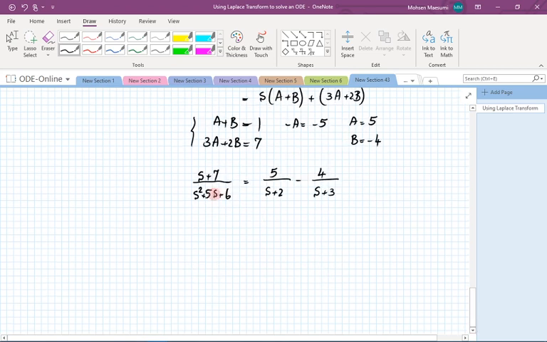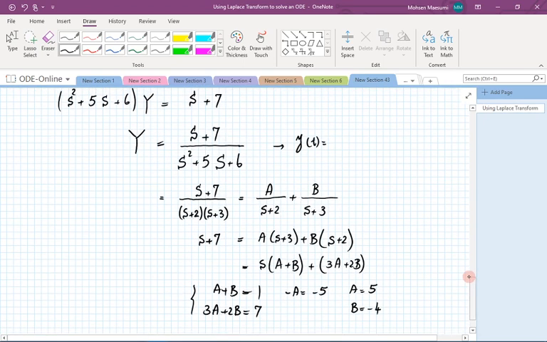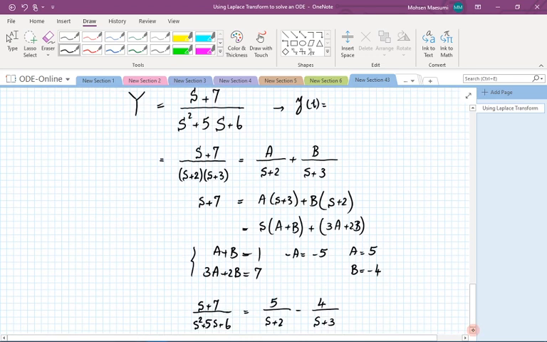If you want to apply the inverse Laplace transform to this one, remember this is the Laplace transform of something. When you want to figure out the original function, you are applying inverse Laplace to this. So let's go ahead and write this.